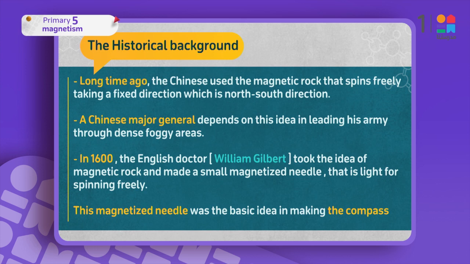He took this idea and made a small magnetized needle. He made the small magnetic needle light for spinning freely. He made it small and light so that it can spin freely in the compass.